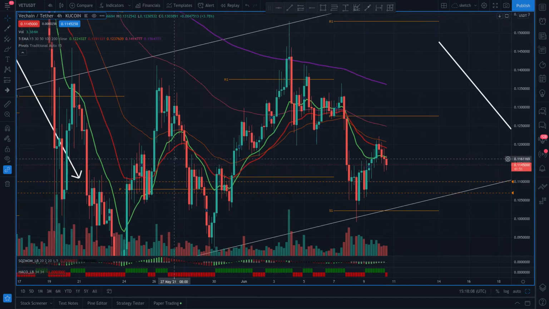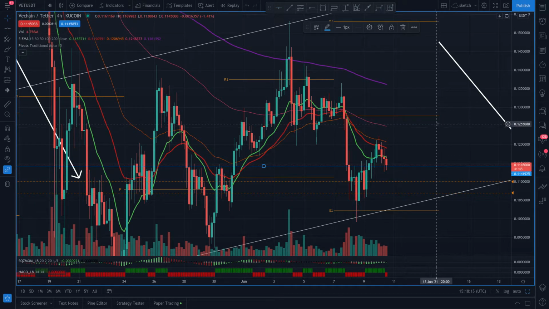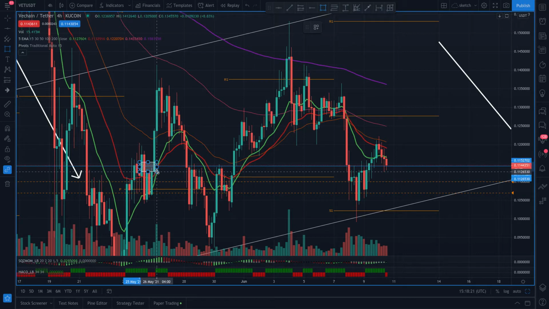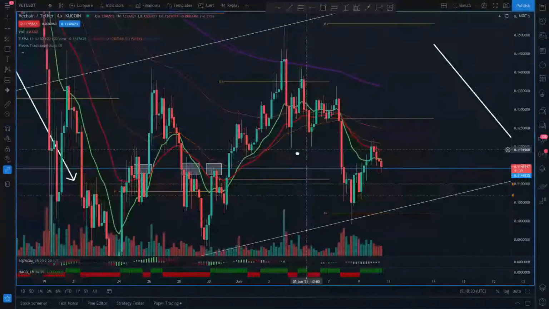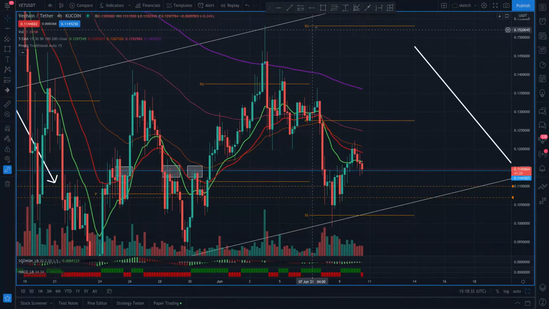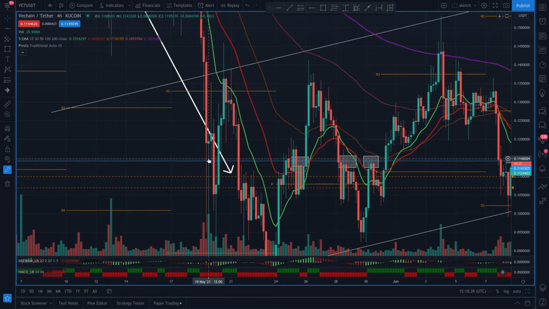Why? Because you can see if you were to cut a line straight across here, right? You can see in this point, and of course I'm just looking at the most recent points, right? Even as recent as this area, there's strong rejections of this price, so you can see here as well.